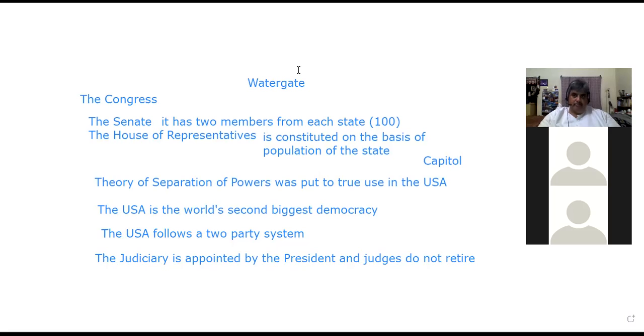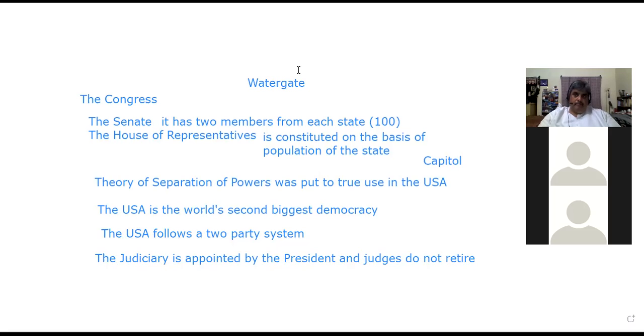Watershed year because that was the year when it was believed that more number of people voted for Al Gore as the president, the Democratic candidate, and less number of people wanted George W. Bush or George Bush, Jr. But the Electoral College voted for Bush.